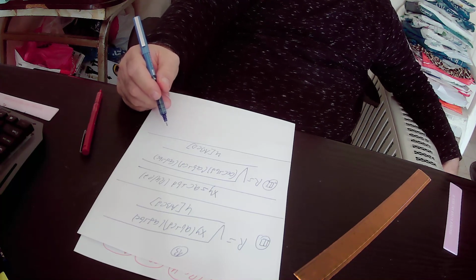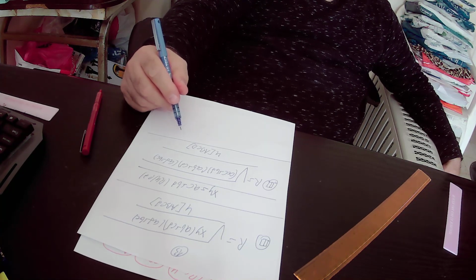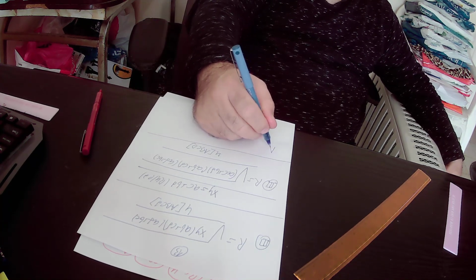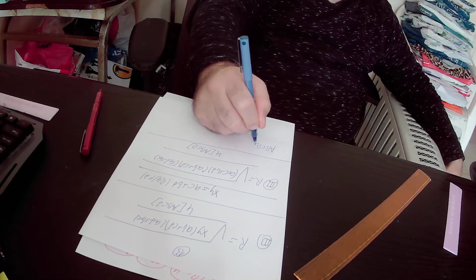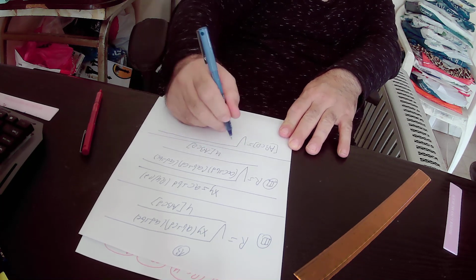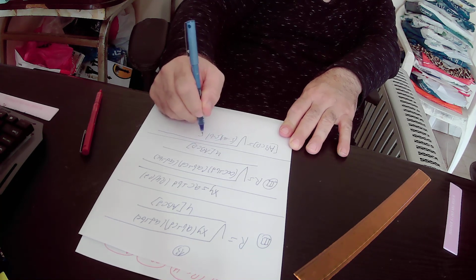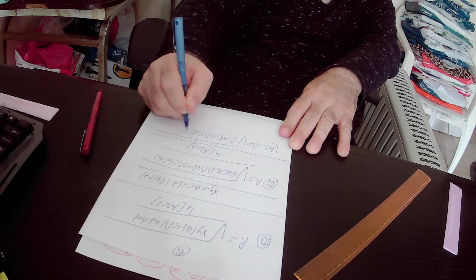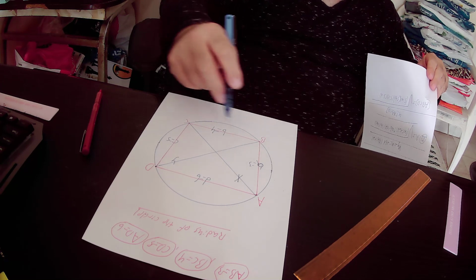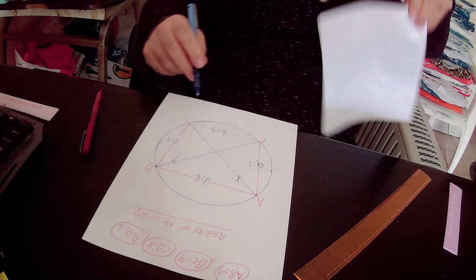So we've already found out the area of quadrilateral ABCD, so I will repeat the same process again, and we will find that the area of quadrilateral ABCD equals the root of S minus A times S minus B times S minus C times S minus D, where A, B, C, and D are the sides of quadrilateral ABCD. A equals 3, B equals 4, C equals 5, and D equals 6.